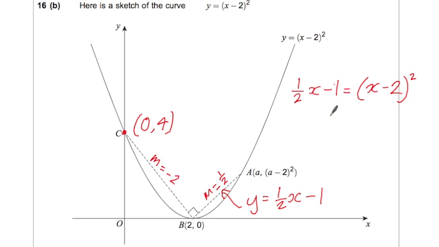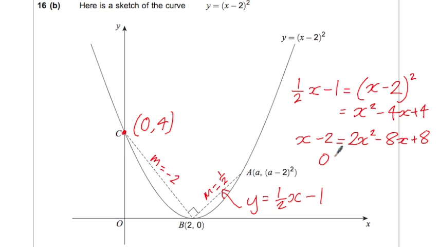So we can solve this equation and then decide which one is A. So if we expand the right, we'll have x squared minus 4x plus 4. Now I'm going to times everything by 2 because I don't like this half x. So that's going to become x minus 2 equals 2x squared minus 8x plus 8.